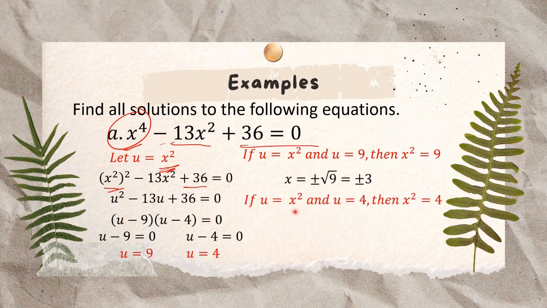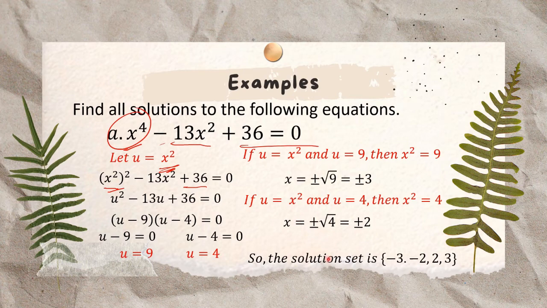If u is equal to x squared and u is equal to 4, then x squared is equal to 4. And we're going to take the positive negative square root of 4, which is equal to positive negative 2. So the solution set for this given equation is negative 3, negative 2, positive 2, and positive 3.